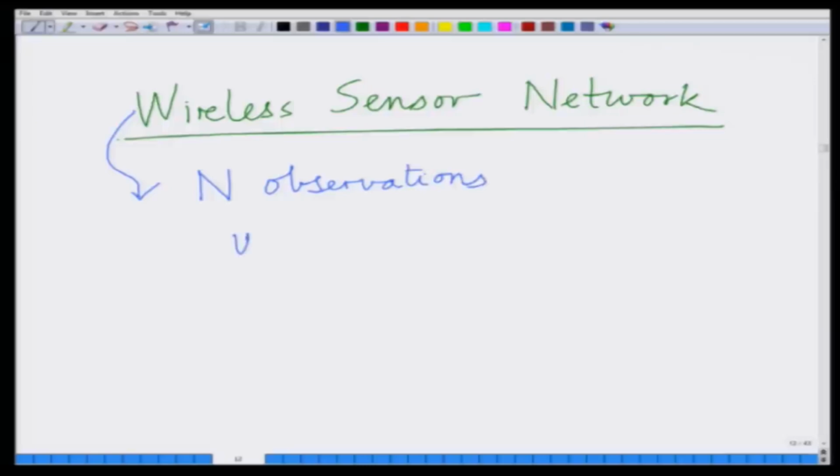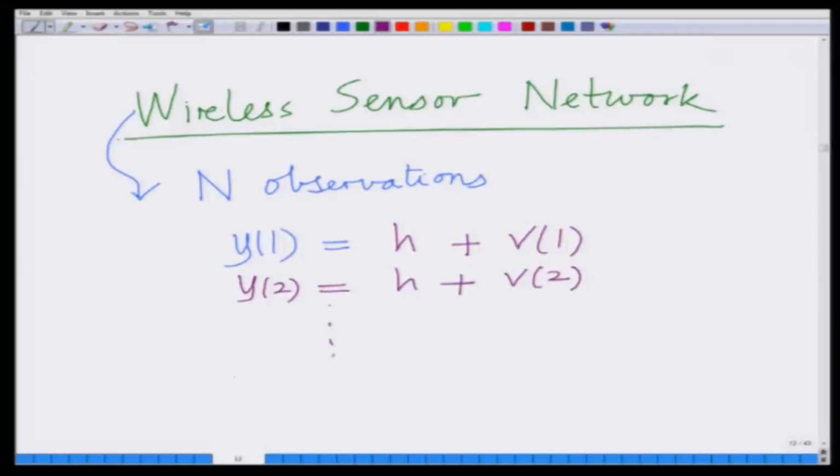The observations are y1 equals h plus v1, y2 equals h plus v2, and yn equals h plus vn, where these y1, y2, yn are our observations.